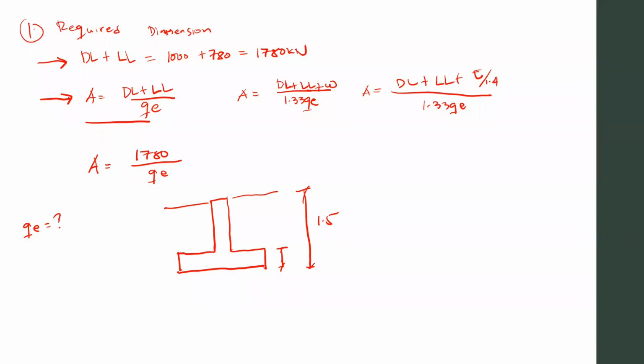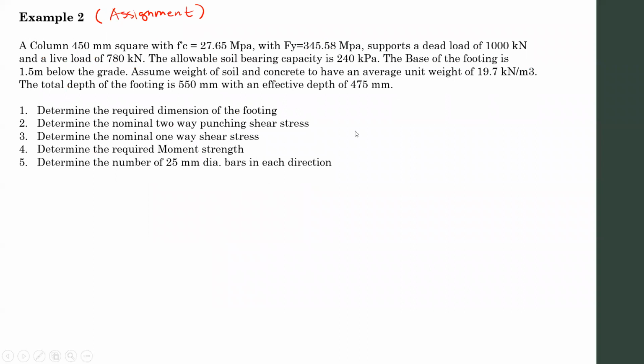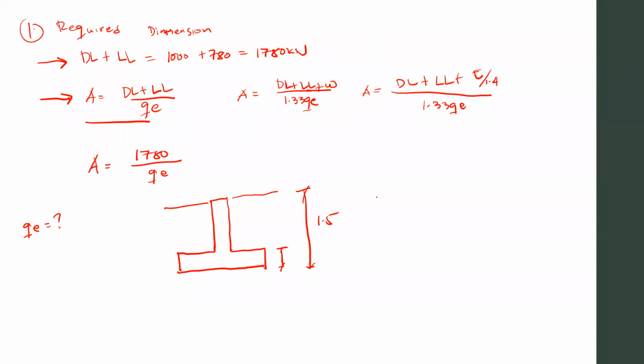So, ang binanggit niya dito, class, is average na daw ng concrete at nung soil yung 19.7. So, hindi niya na pinaghiwalay yung unit weight ng concrete at unit weight of the soil. Sinabi niya average, take the average of your concrete and soil, which is 19.7. Okay? And wala namang surcharge.